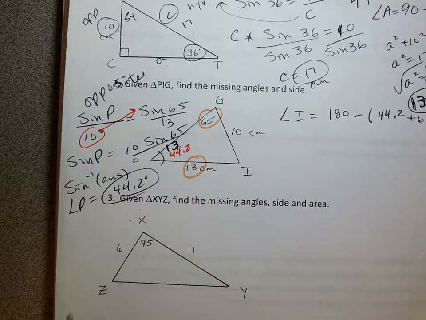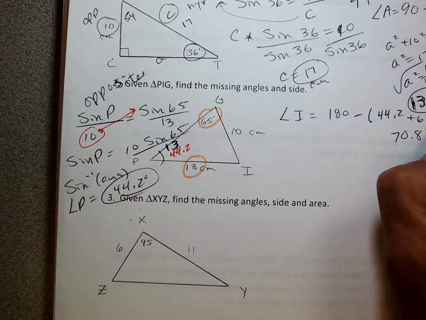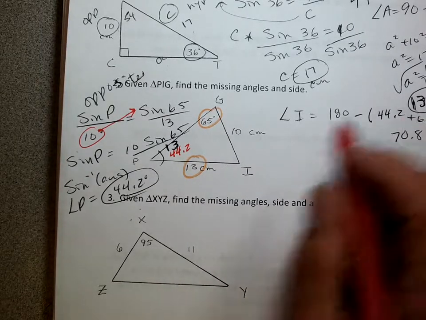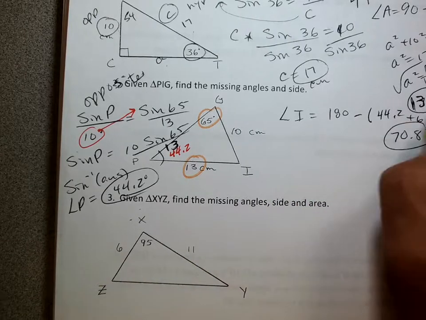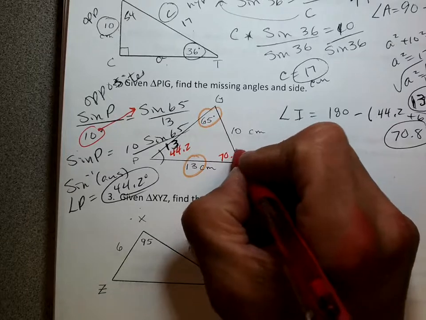I'll use my calculator, add them up, subtract from 180, and I get an answer of about 70.8 degrees. And again, once I get that answer, I'm going to put it inside my triangle too because that'll help me out.